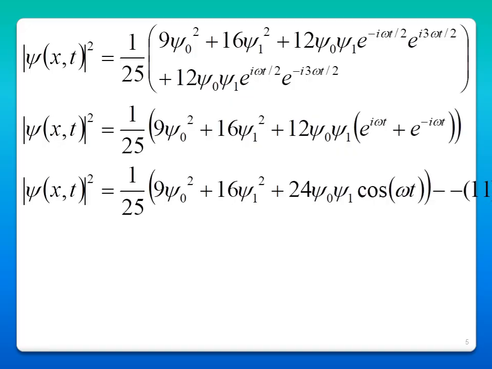If you multiply and substitute the integral, we get modulus of psi of x comma t the whole squared equal to 1 by 25 times (9 psi naught squared plus 16 psi 1 squared plus 24 psi naught psi 1 cos omega t).